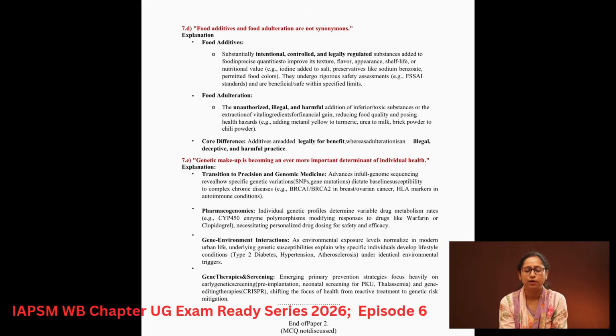Now, the last explain why question in paper 2 was genetic makeup is becoming an ever more important determinant of individual health. So, in explanation of this you can write under the headings of first one would be transition to precision and genomic medicine, second is pharmacogenomics, third is gene environment interaction and finally gene therapy or screening.